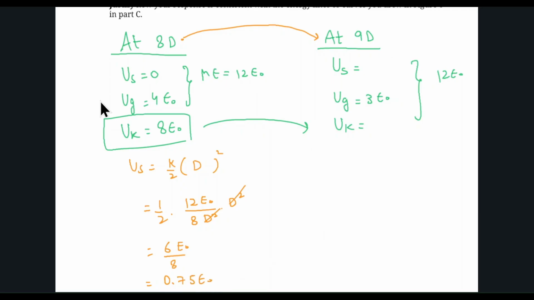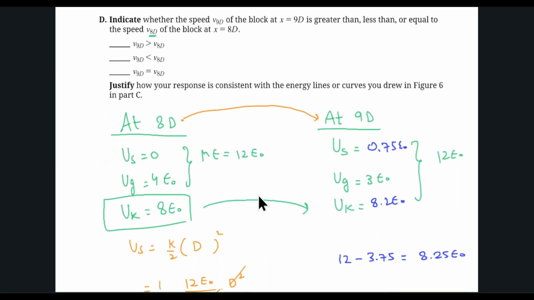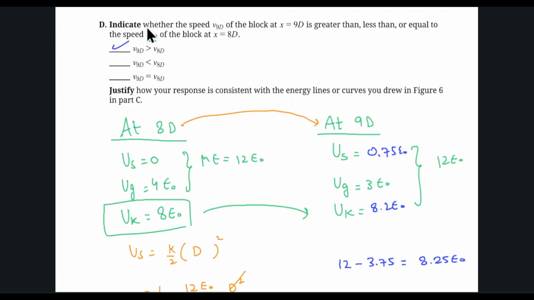All right, this is what I'm going to sub in here. So this is 0.75 E naught. 3 plus 0.75 is 3.75. So 12 minus 3.75 is definitely 8.25 E naught. So 8.25 E naught is clearly more than the kinetic energy at 8D. So the speed is definitely going to increase at 9D.